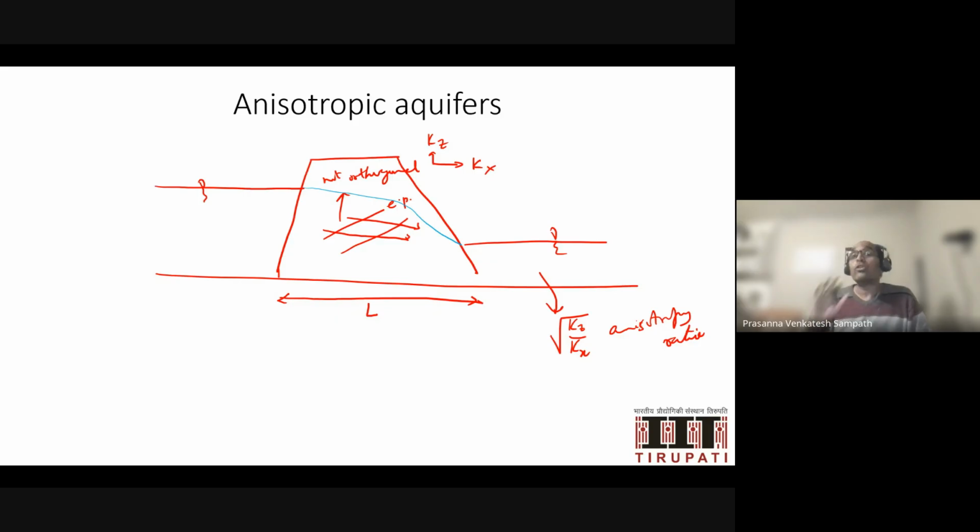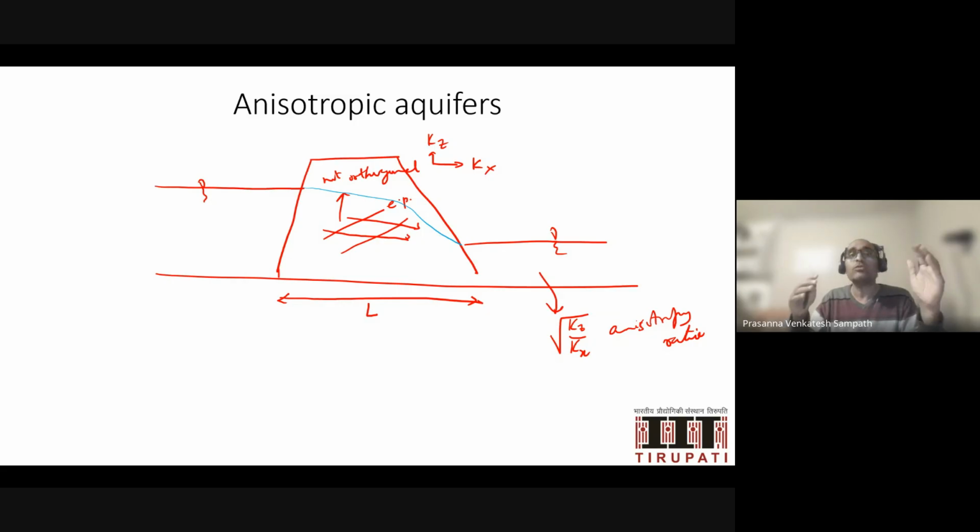But if I try to draw a flow net for this particular setup, now I'm conceptualizing this as a two-dimensional system. It's in the XZ plane, and we are assuming that this dam, let us say, is very long in the y direction. So there's no difference. Wherever you cut a section, the flow will look the same, right?